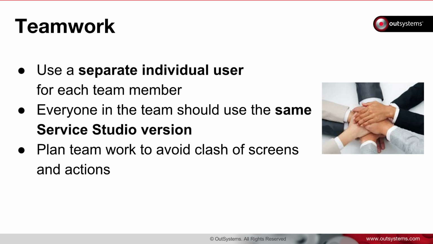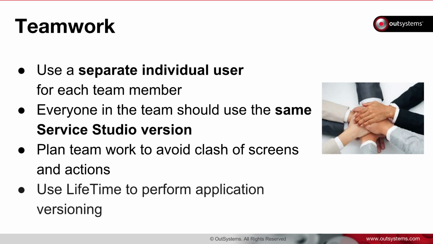Even though you're doing that, it takes some time and therefore it slows you down. If at all possible, avoid having two or more team members working on the same module at all. If that's not possible, then yes, have them work on the same module, but don't let them work on the same screen or action, as that will lead to wasted time trying to solve the merges.